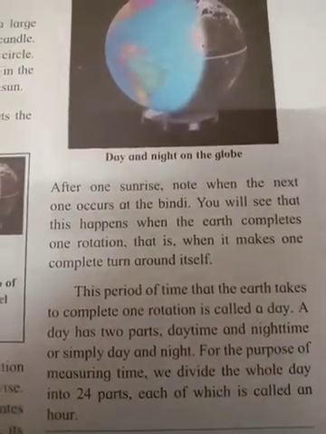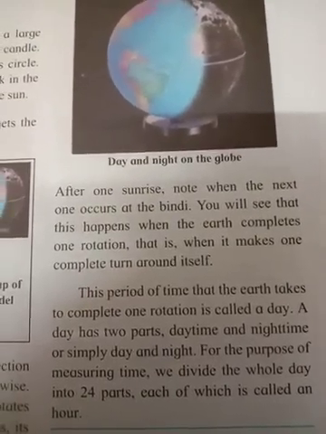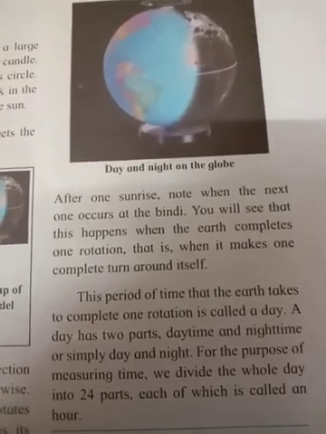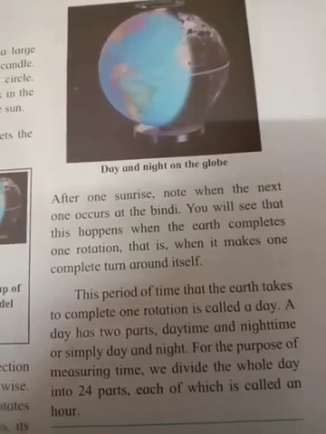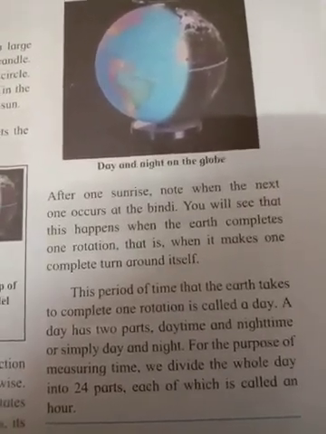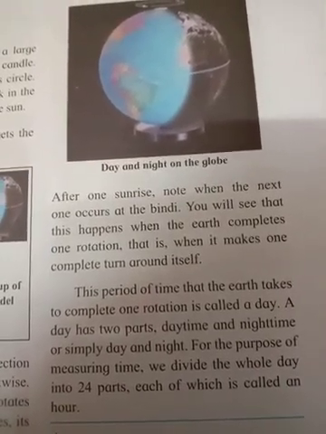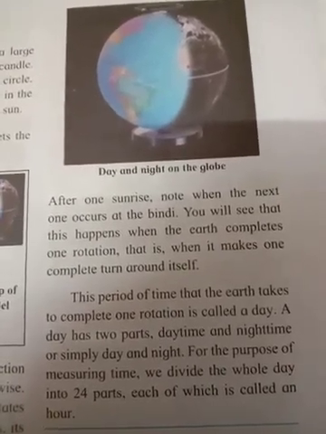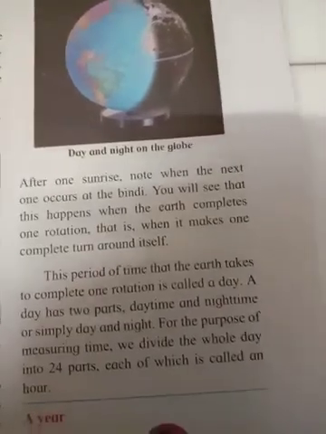After one sunrise, note when the next one occurs at the bindi. You will see that this happens when the earth completes one rotation, that is, when it makes one complete turn around itself. This period of time that the earth takes to complete one rotation is called a day.